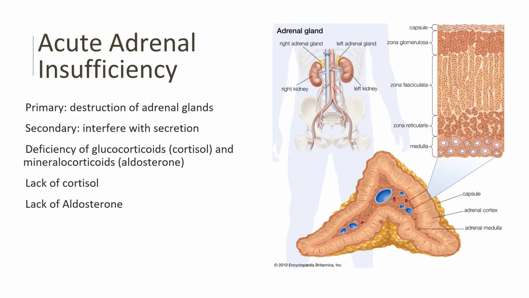This is what allows blood glucose to be maintained even in times of fasting. It's one of those homeostatic mechanisms that we have in our body. So any insufficiency in the adrenal glands can really throw out a lot of different components that we need to consider.